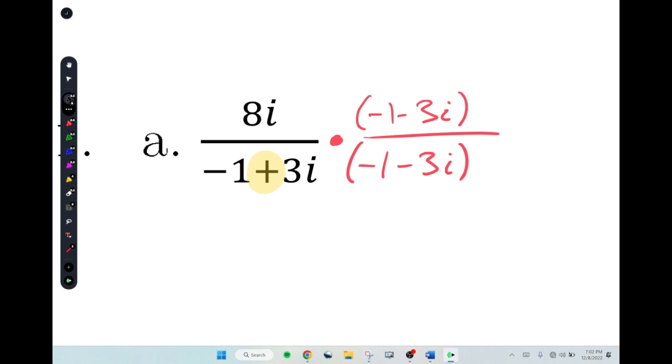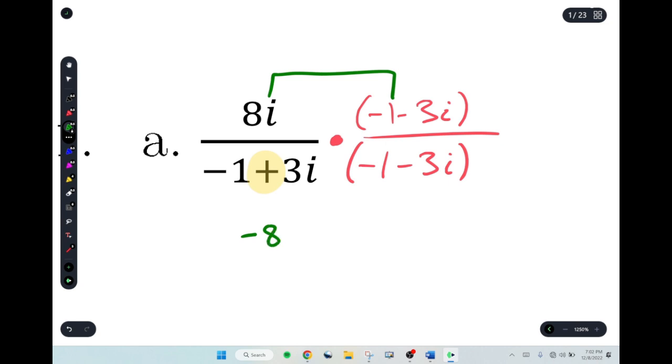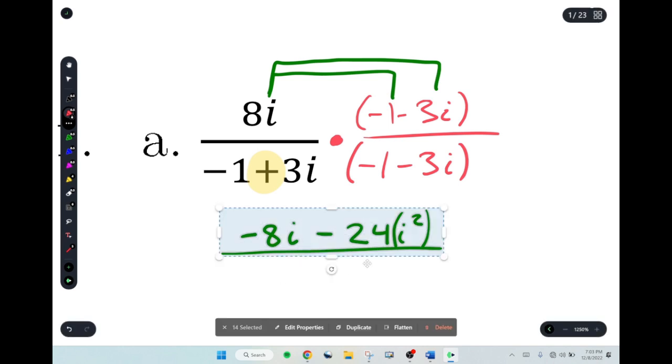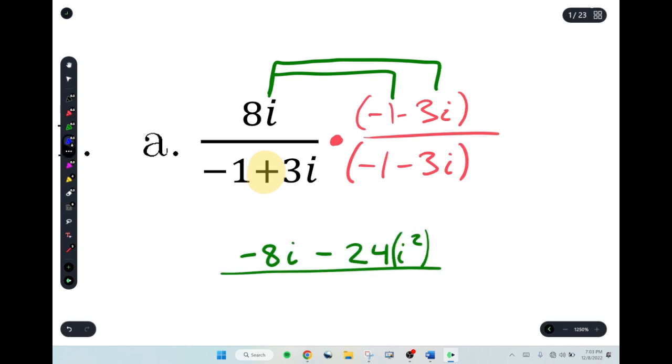So what happens on the top there? We get negative 8i, negative 24i squared, all over... Ooh, looks like we got to FOIL the bottom. Unpleasant.